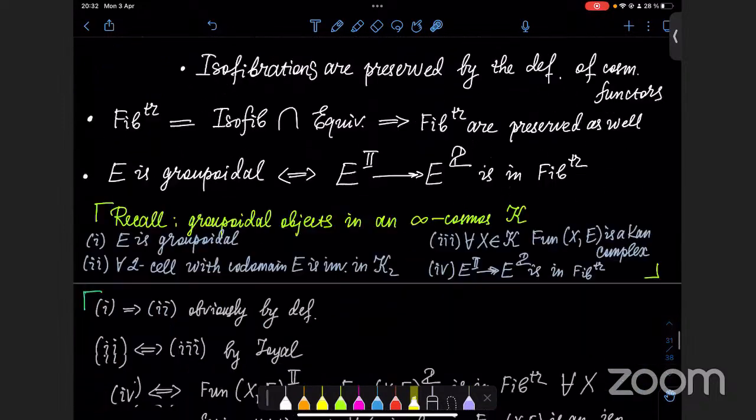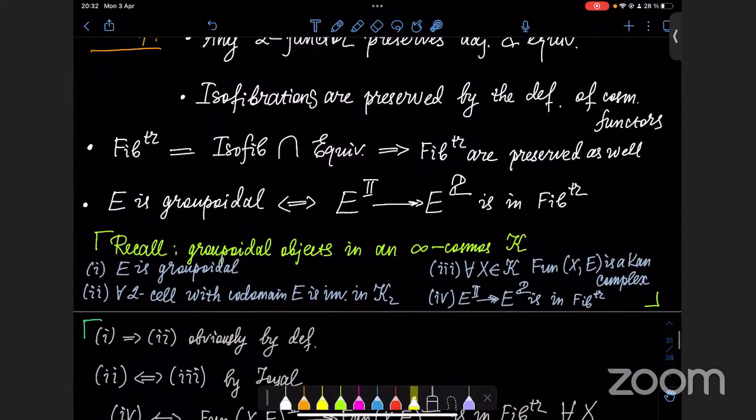Recall that groupoidal objects can be characterized in an infinity cosmos in different ways. The first way is to say that E is groupoidal, of course.